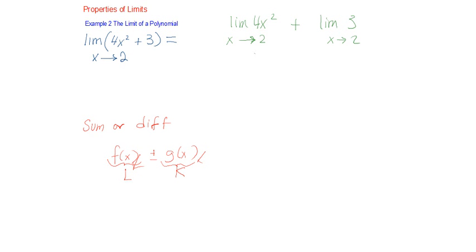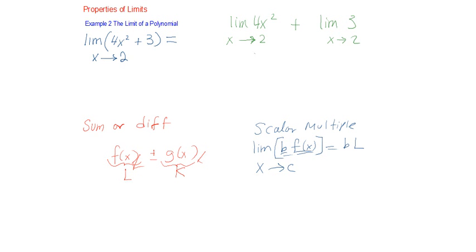The scalar multiple is saying that if I have some number b multiplying some function, then the limit of this as x approaches some value is actually equal to the limit of this one times this one, so equals BL.